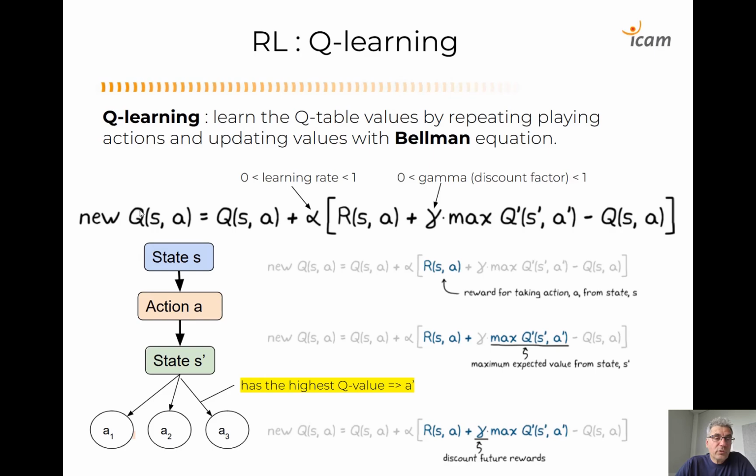And it gives you the new Q value of action A being on the state S. By repeatedly choosing different actions, playing these actions on the environment, getting information from the environment and applying the Bellman equation, we will regularly update the Q value of action A being on the state S. At the beginning, these Q values are randomly chosen, but by repeating this iterative process, these values will converge to the right values of the Q table.